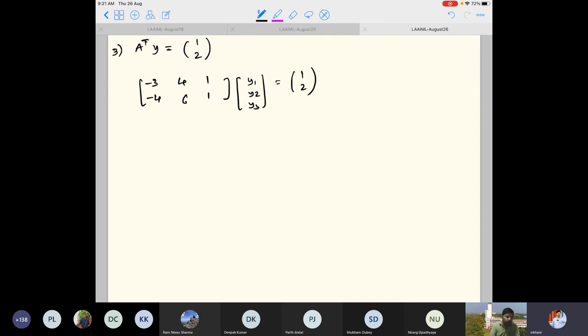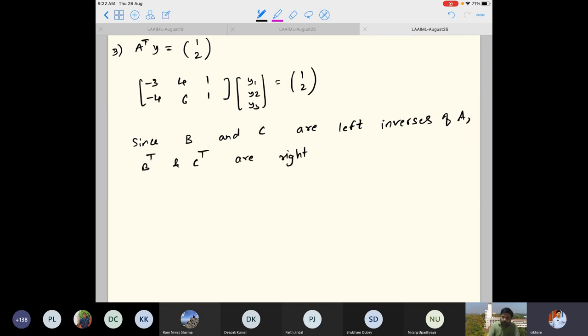And now what is the solution? What are the right inverses of A transpose? Since B and C are left inverses of A, B transpose and C transpose are right inverses of A transpose.